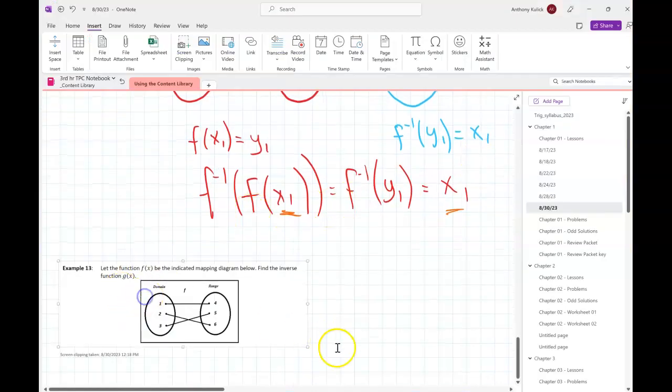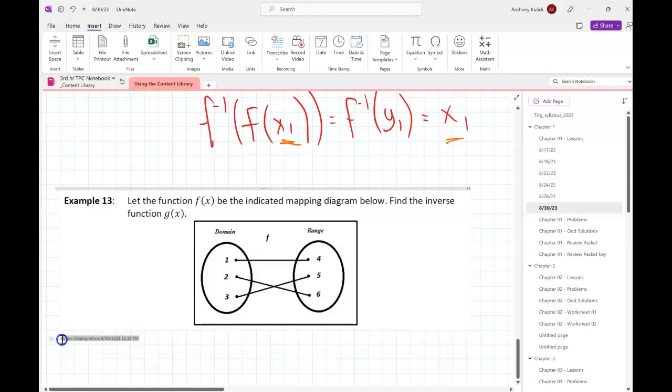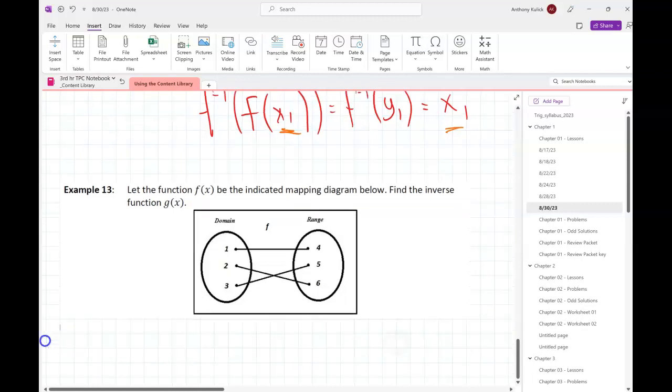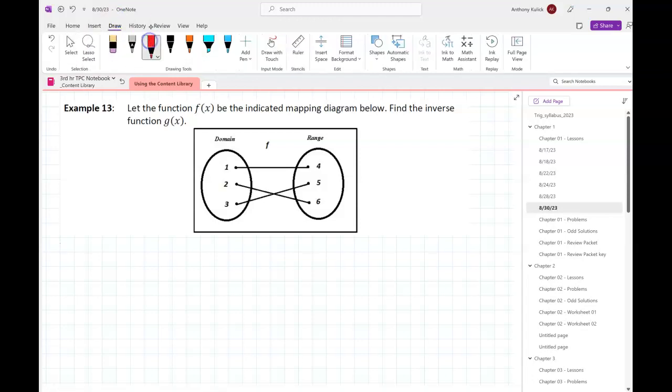Let's look at some examples here. We'll start off with some of these less used ways to represent a function. So let's take a look at this mapping diagram. What is the inverse for this mapping diagram going to look like?